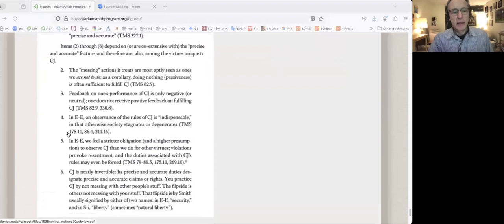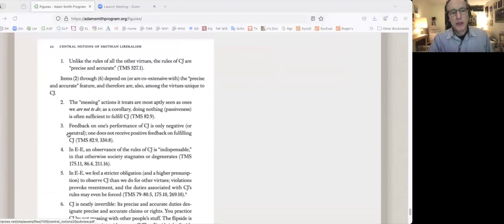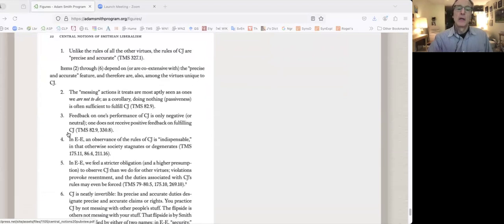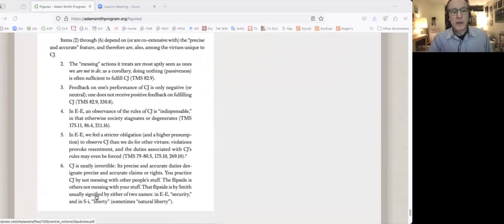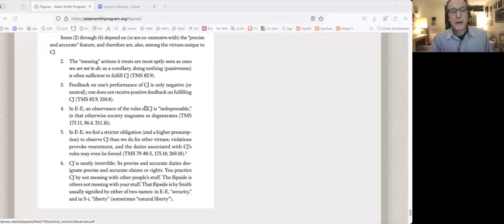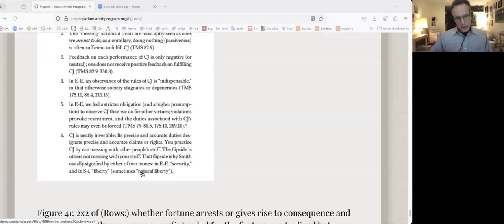And this is that list of ways in which CJ is special relative to the other virtues. Main thing is precise and accurate. And then these other things that we talked about really are correlates or corollaries of it being precise and accurate. And Smith is developing these. I'm not going to spell them out again.